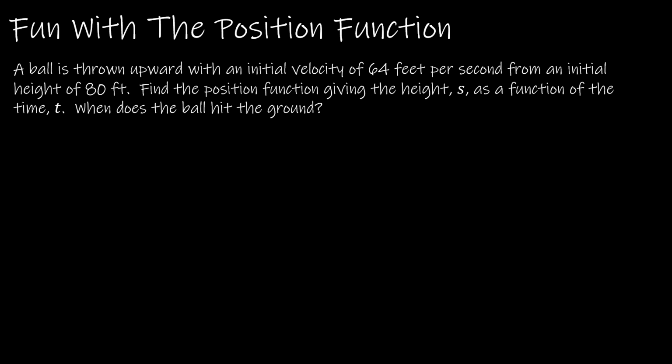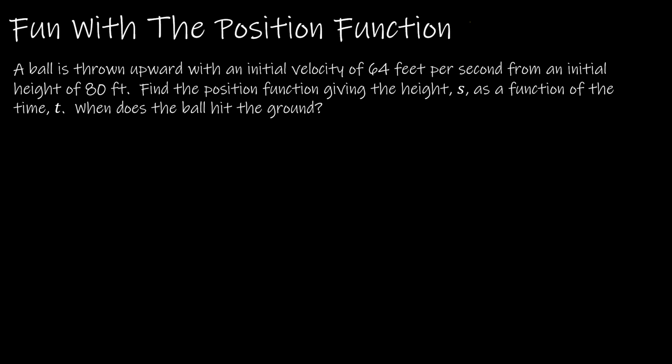Let's revisit the position function. When we learned how to differentiate, we looked at the position function, the velocity function, the acceleration function, and how they all fit together. So now what I want to do is look at that again, but now we're kind of going in reverse because we're doing the antiderivative.